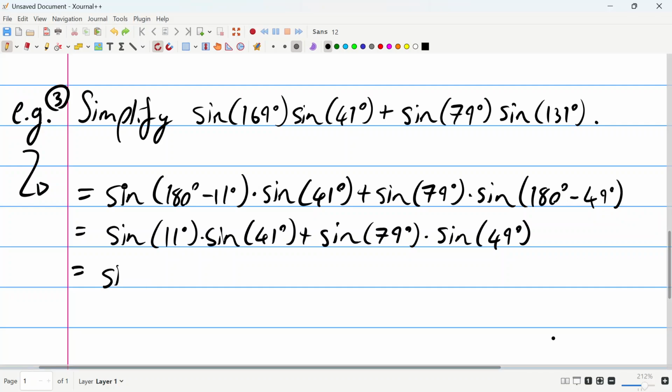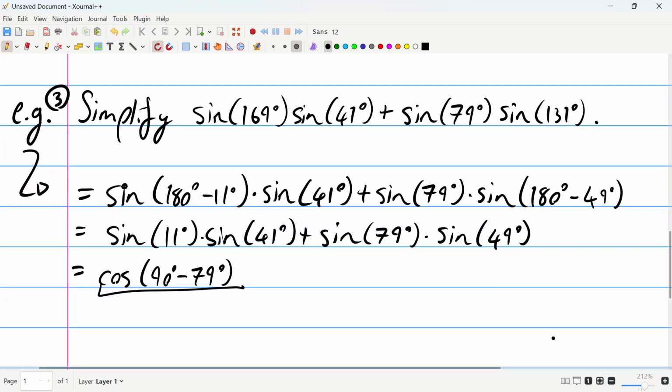Okay, but we have to change this though, because we're working backwards, by the way. So it'll be cos of 90 degrees, and then what are we going to do to get 11? We're going to minus 79, right? Notice that I changed cos already, because remember, if you were to work from here back to sine, that would be the immediate step. So we're just doing it backwards. I know it's a new thing. Multiplied by, here we also want to change this to cos.